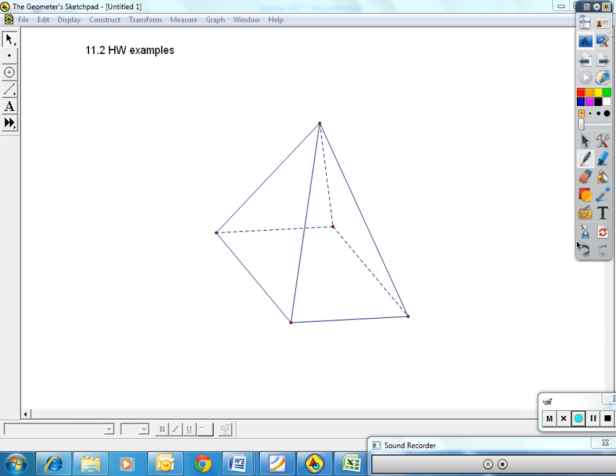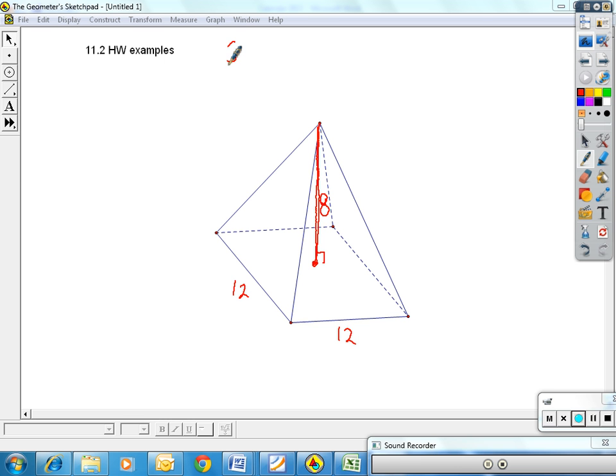Let's look at another example here. I'm going to draw now the height of the pyramid. That's being dropped down just like on a cord or on a string. I just dropped it down. That's perpendicular to the base, and this is 8 units. Suppose that this square is a 12 by 12 square.